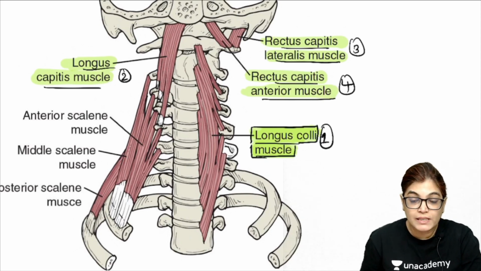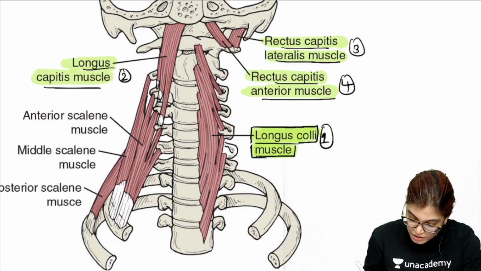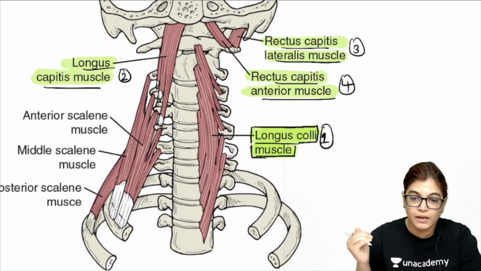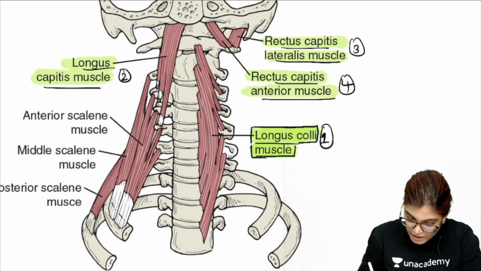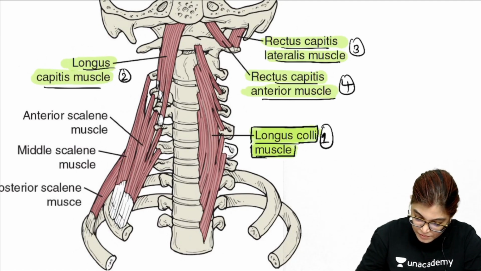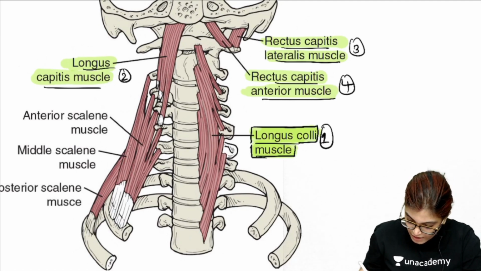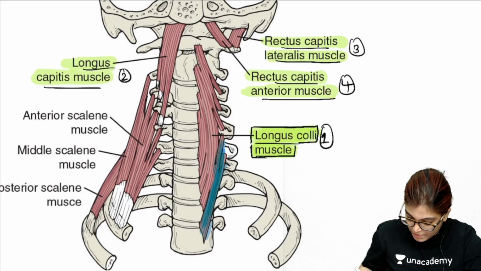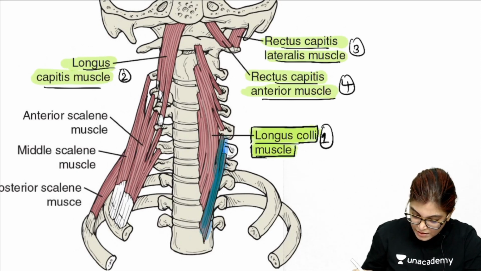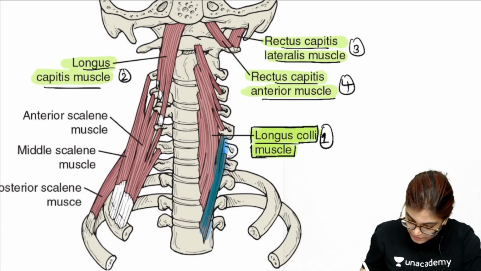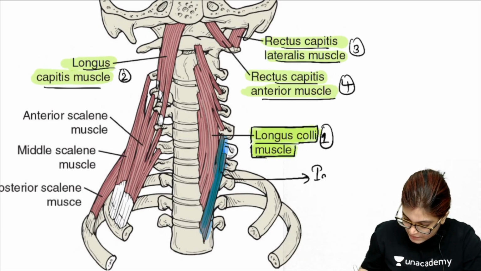Now, Longus coli muscle actually has three parts. It has a superior part, the middle vertical part and the inferior part. This is the inferior part which you are seeing.